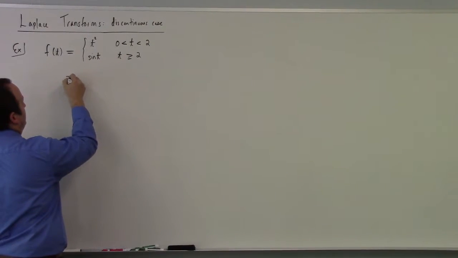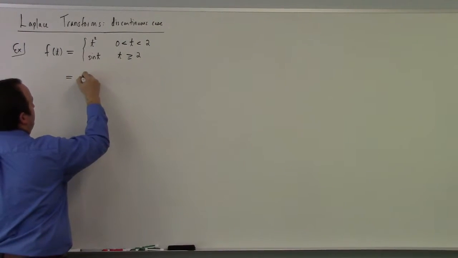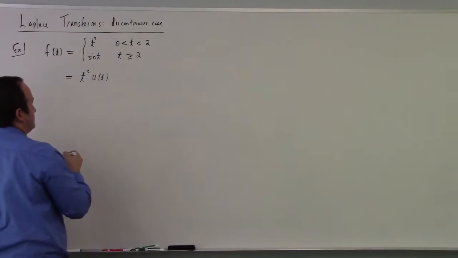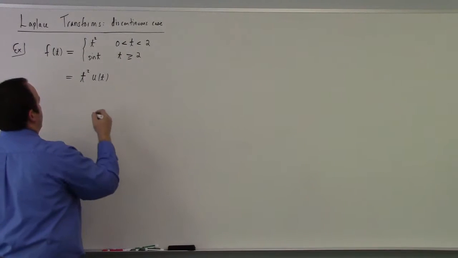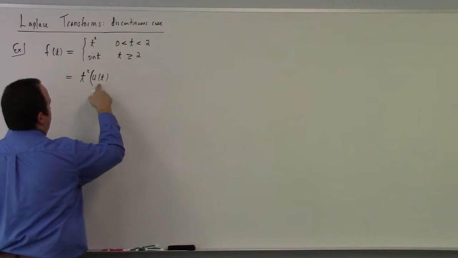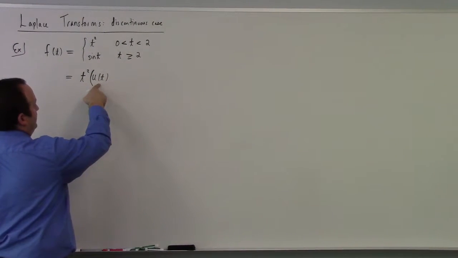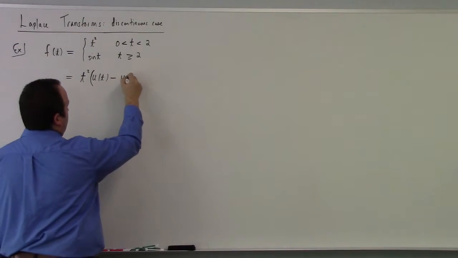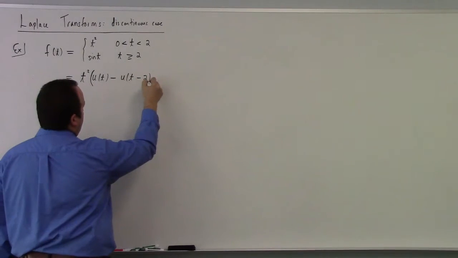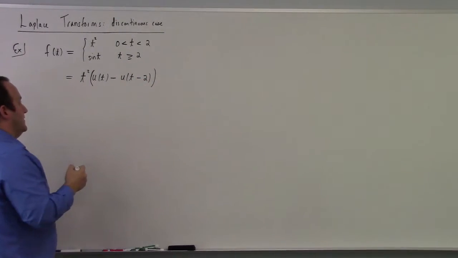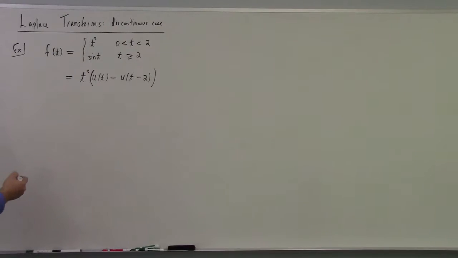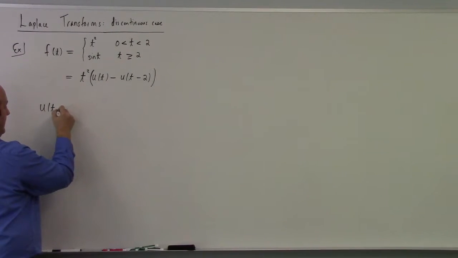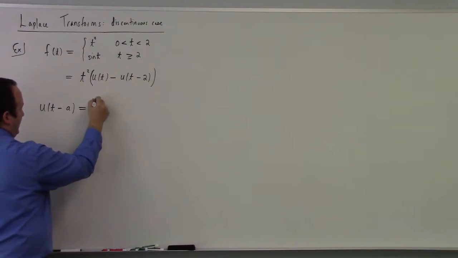So what we'll do is say t squared times u of t. This turns on the t squared at time 0, and then I subtract u of t minus 2. Now let me explain what this u is: the unit step function.